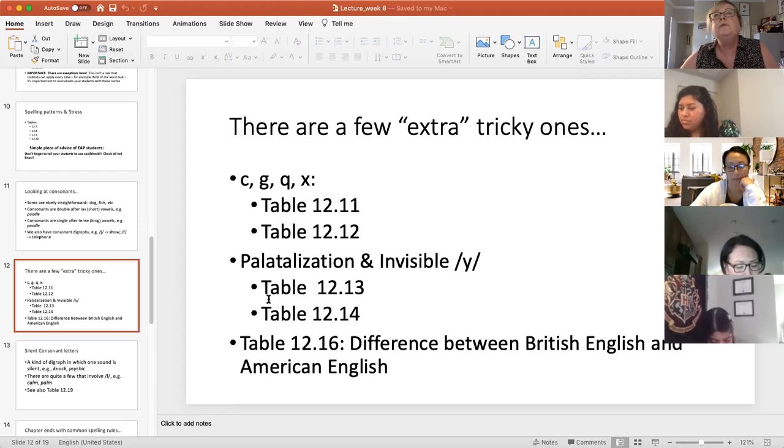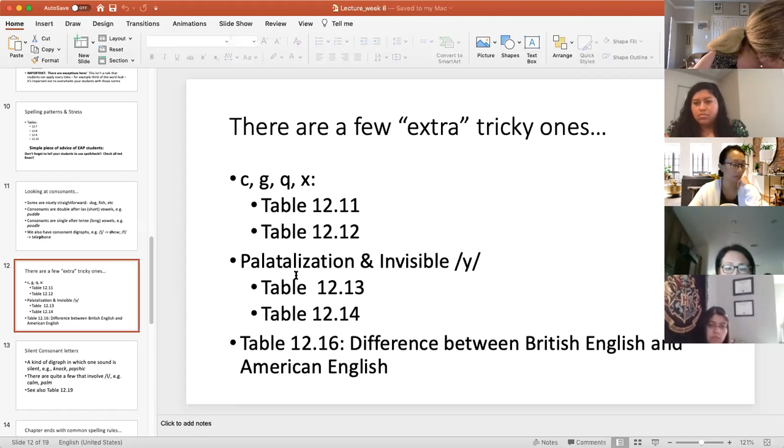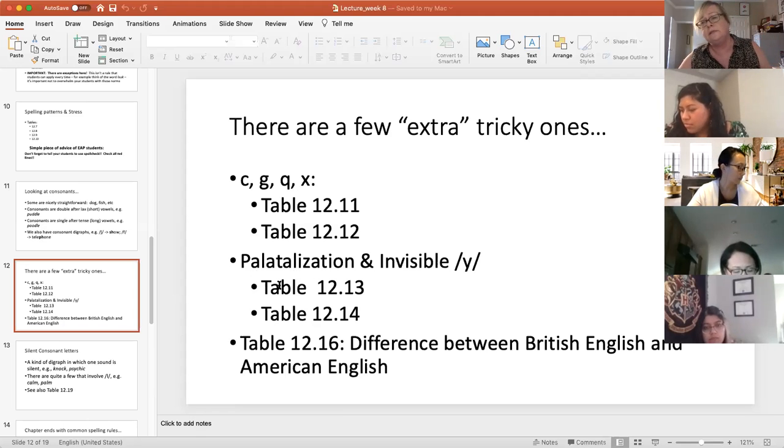And then also, remember we looked at palatalization, where you add the yod. In spelling, it's called the invisible yod. You've got two tables on that, 12 and 13, where you have some invisible yods and some not.